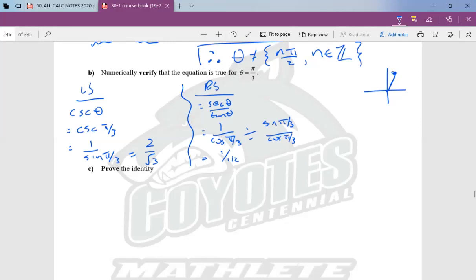Cosine pi thirds is 1/2, just taking our reciprocal, so 1/2 is now the numerator. Sine pi thirds is root 3 over 2. And all of this tidies up to be 2 over root 3, which is equal to the left side.